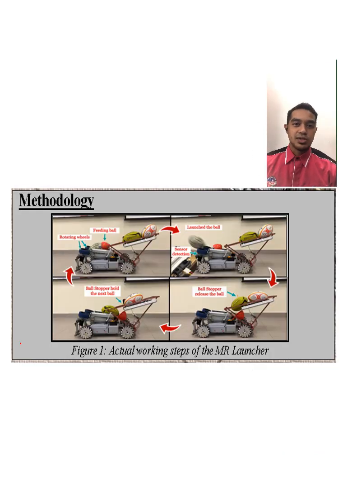Okay, now we proceed to the methodology. As we can see here, this is the actual working steps of the MR launcher. In the first figure, we need to set up at least three balls on the MR launcher, which is the first ball in the launch room and two other balls in the storage room.